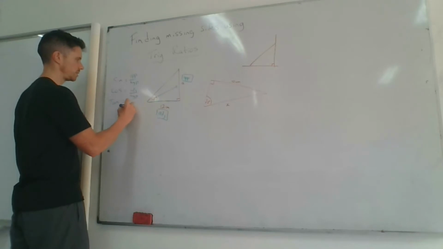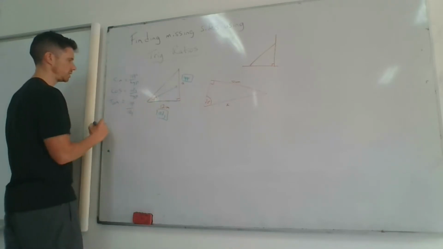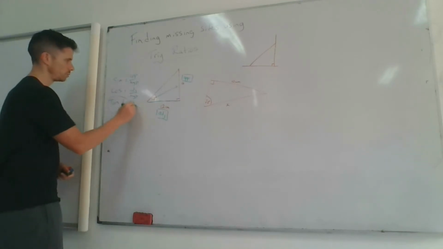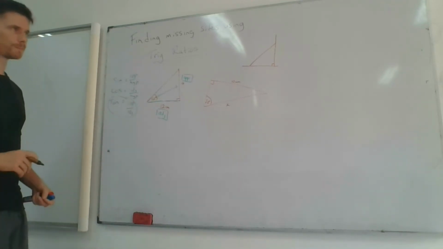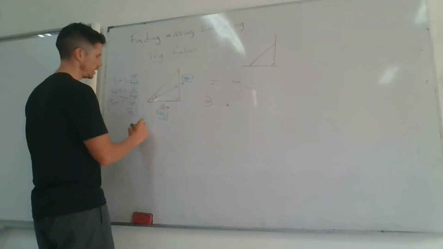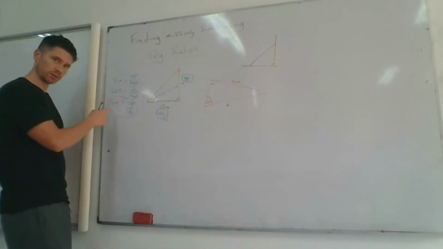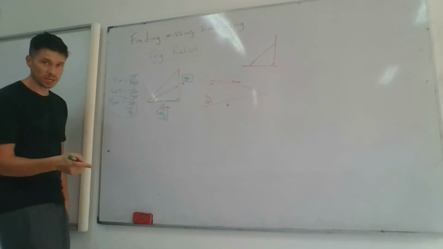Tan has opposite and adjacent, so bingo. This one is the one we will use. And how do we use it? So step 1 was label the sides. Step 2 was to pick sine, cos, or tan. Step 3 now is to solve.